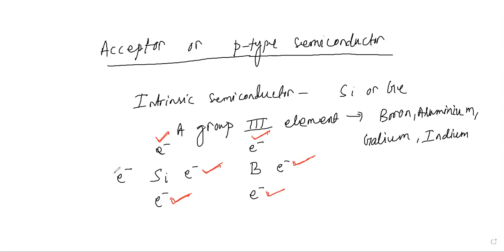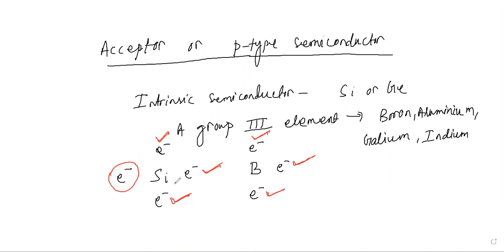So all 3 valence electrons are taken up in the covalent bonding. Only one position is left out, it is not forming any covalent bond. So one covalent bonding position is likely to be empty, and it can accept one electron.